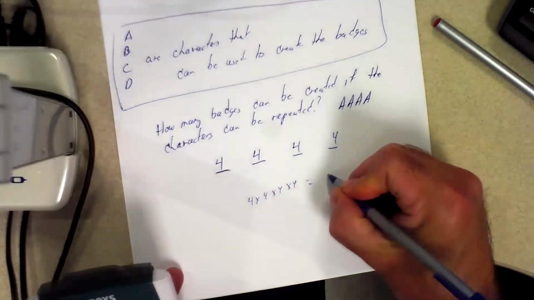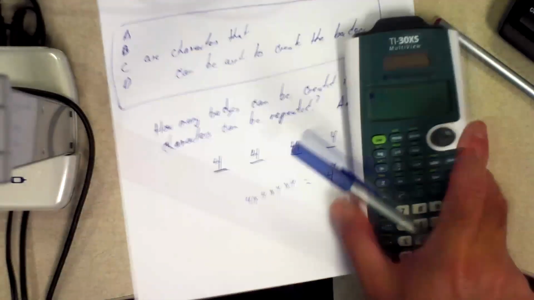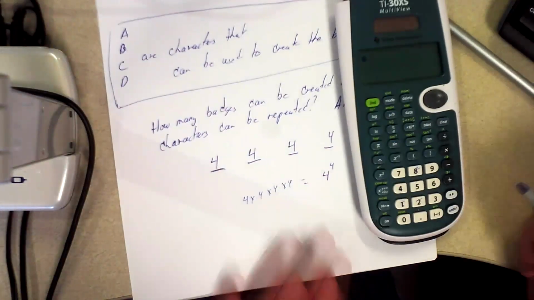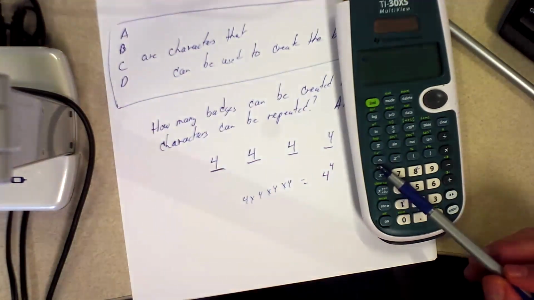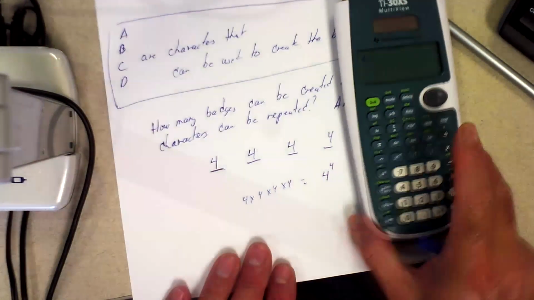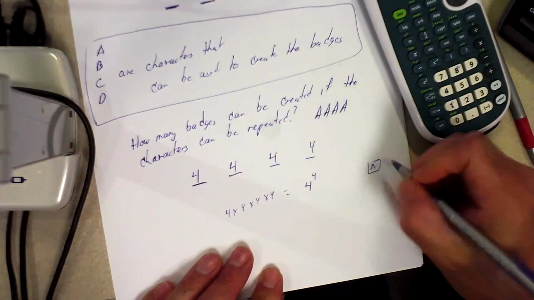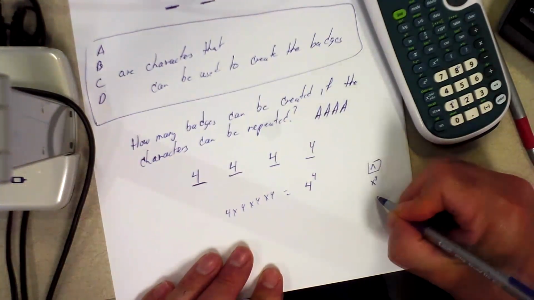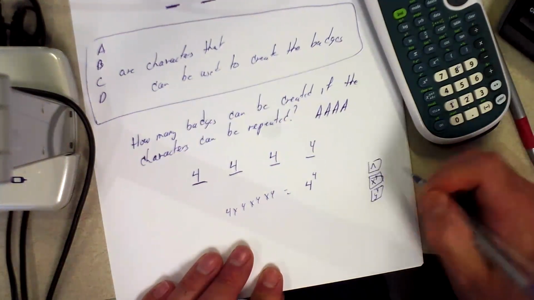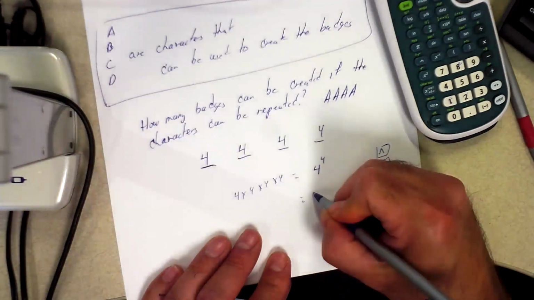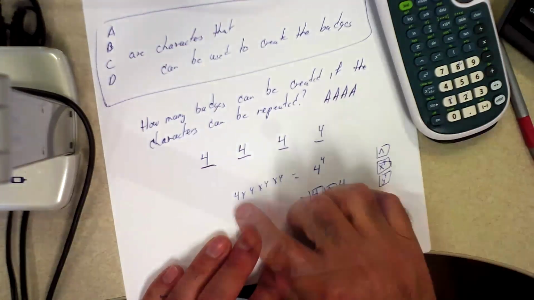Someone said 4 to the 4th power. I didn't think about that. How do you put that in the calculator? All right, so I'm going to press the 4, and then there's a little hat. Some of y'all may have the hat, or some of y'all may have X to the Y or Y to the X. One of those you have. Typically it's the one with the hat. So you would type in 4 hat 4, or you can just multiply it.